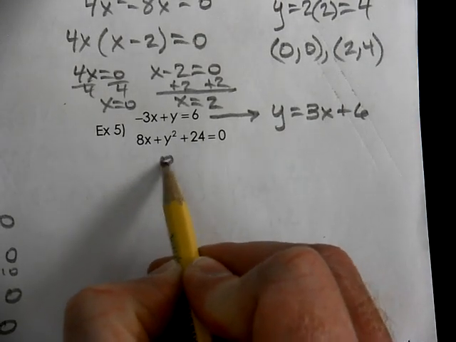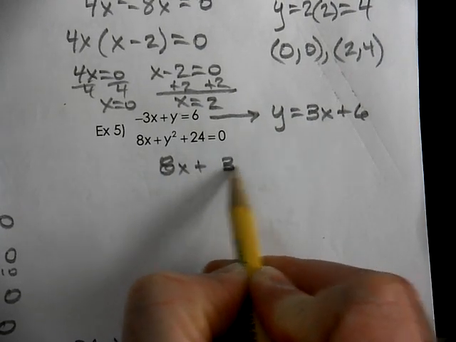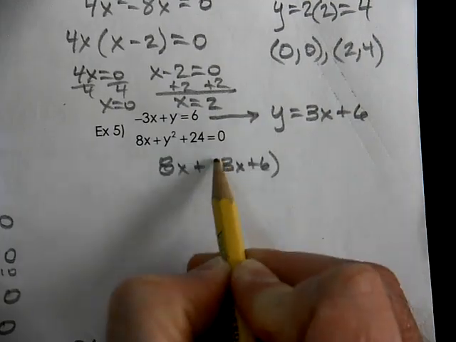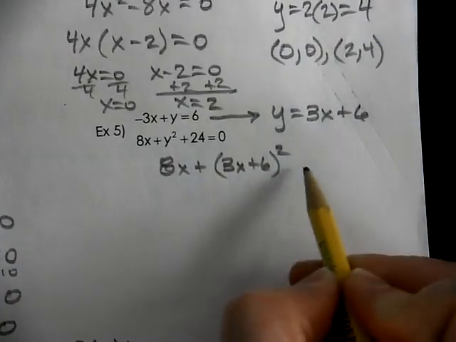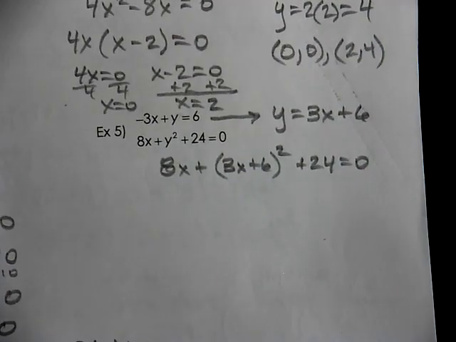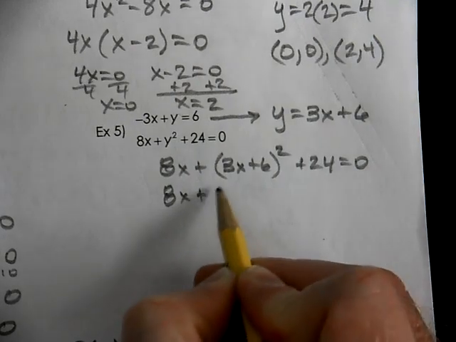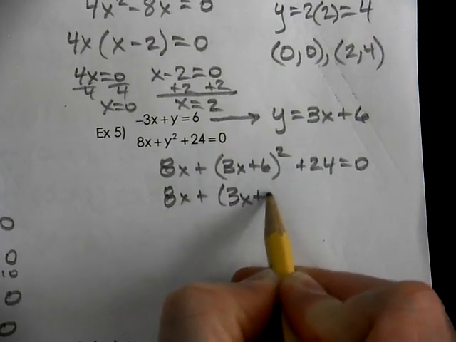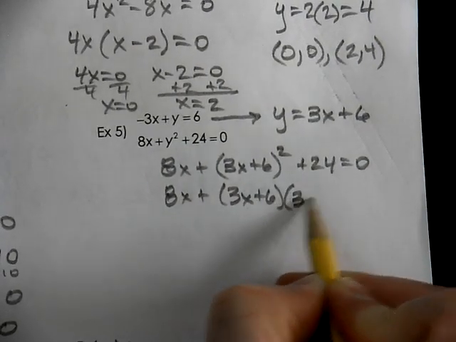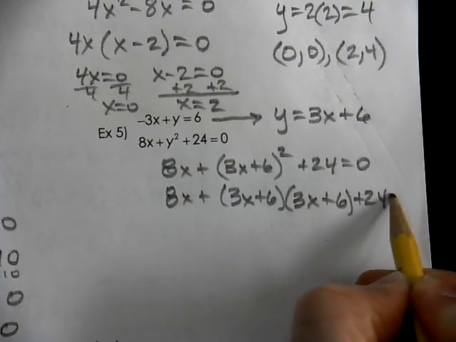So we have 8x plus 3x plus 6, that's being squared, and 24. That's 3x plus 6, and 3x plus 6, 24.